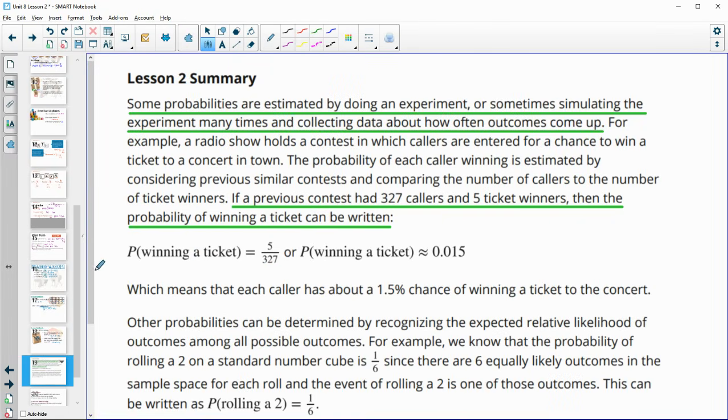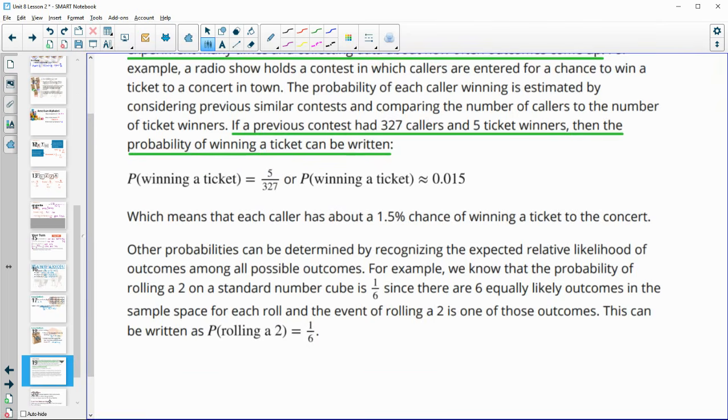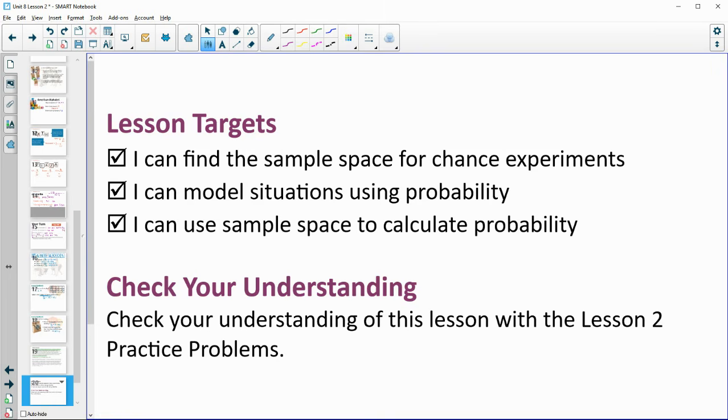All right, so here is your lesson summary. Go ahead and read through that, underlining the important information. Hopefully now you can find the sample space of chance experiments. You can model situations using probability, and you can use sample space to calculate probability.